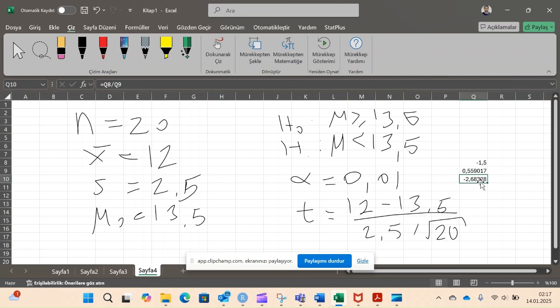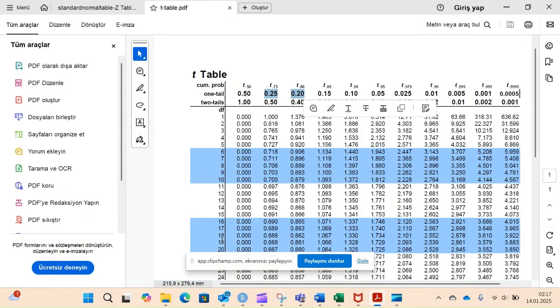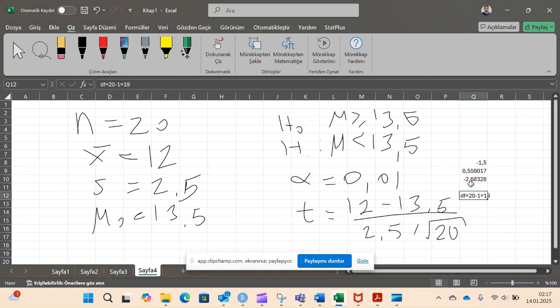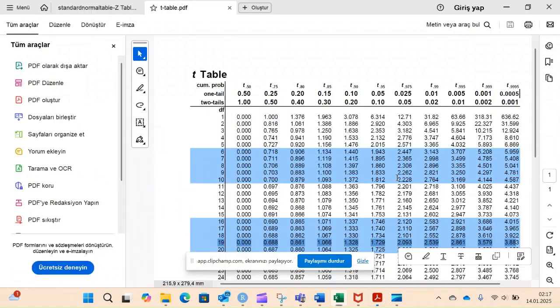We will check that result in the t table, but we also need the degrees of freedom, which is 20 minus 1, which is 19. So I'll go to the t table, find the 19 row, and also try to find 2.68. Even if the t value is negative or positive, we check here.